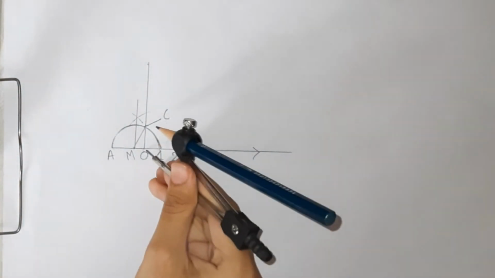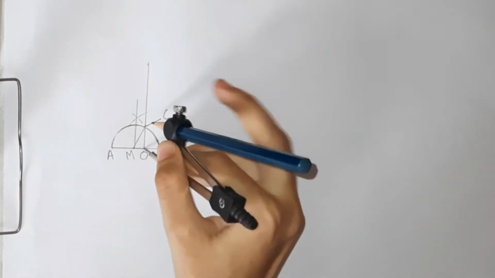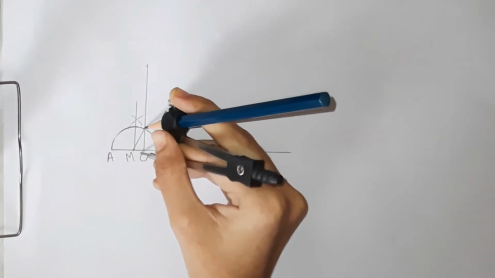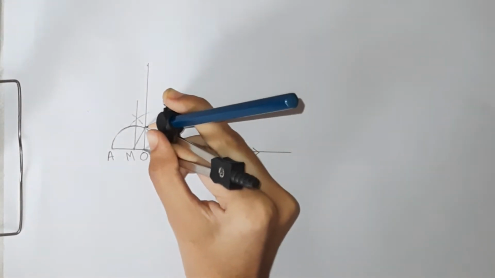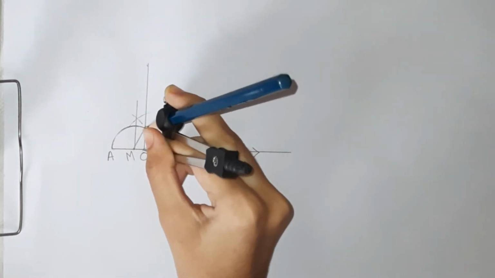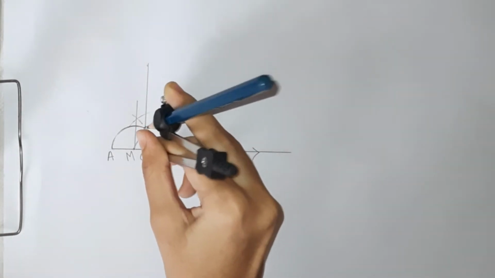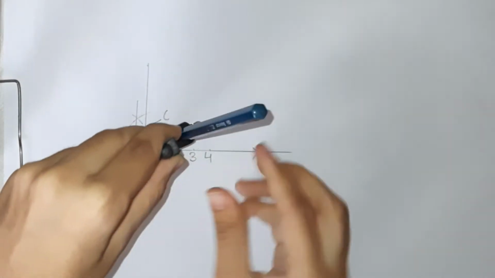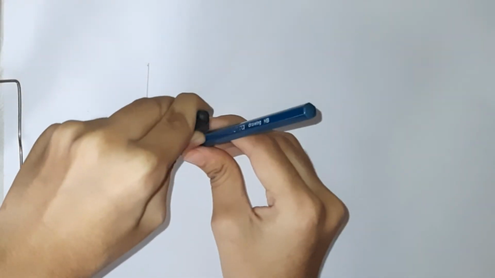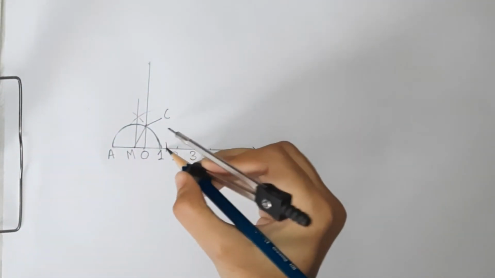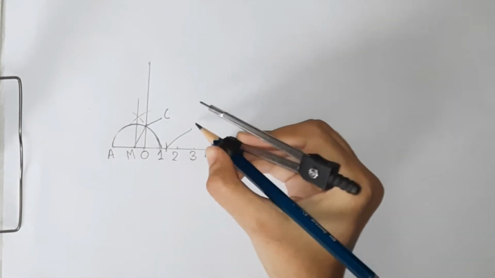Now we'll take the measurement of this O to C. Now we'll cut an arc here on the number line. So the arc will be here. This is the root 2 on the number line.